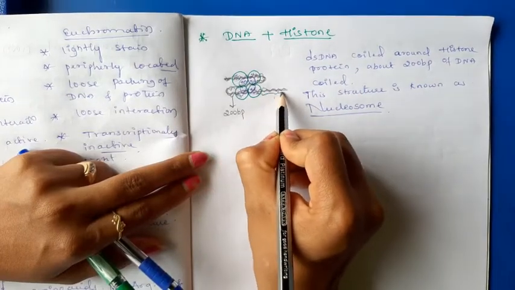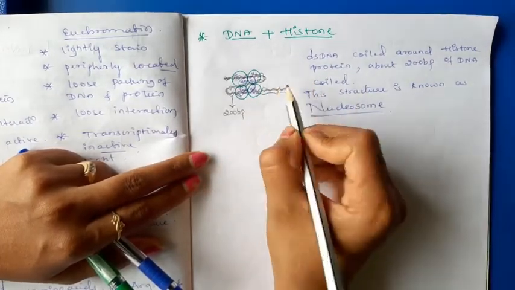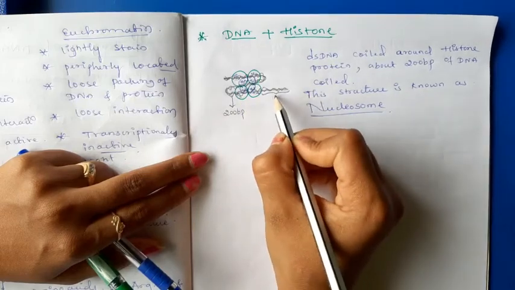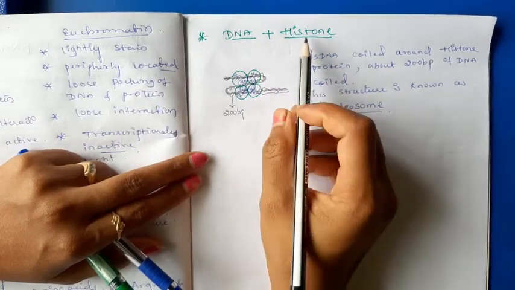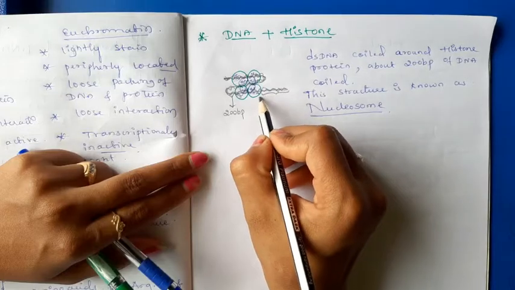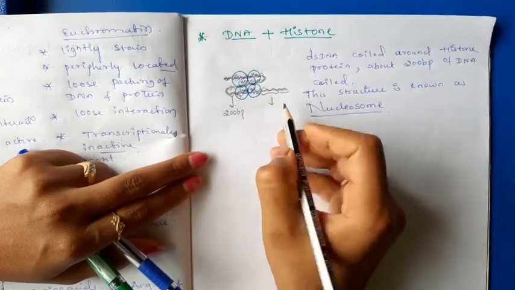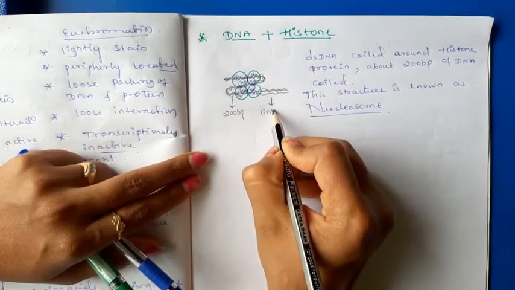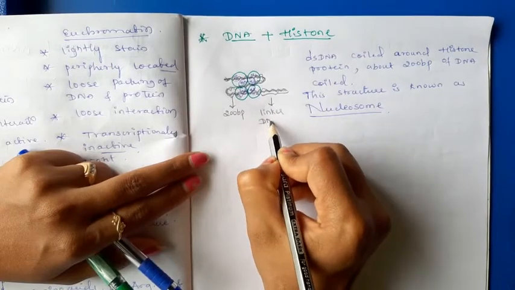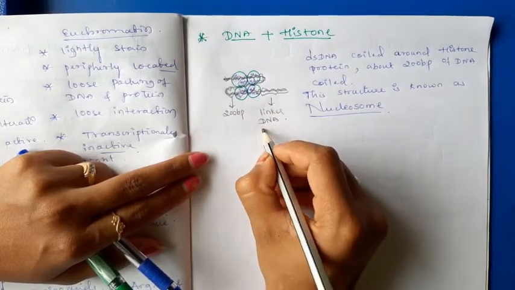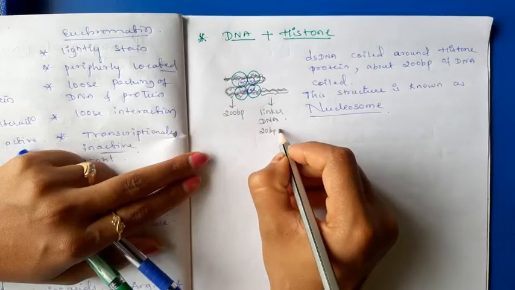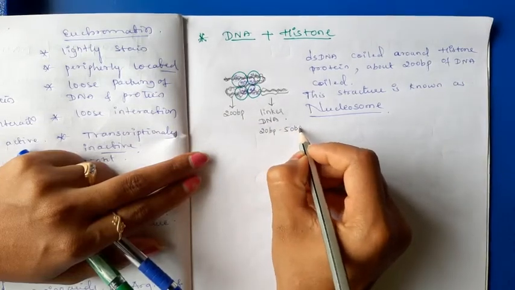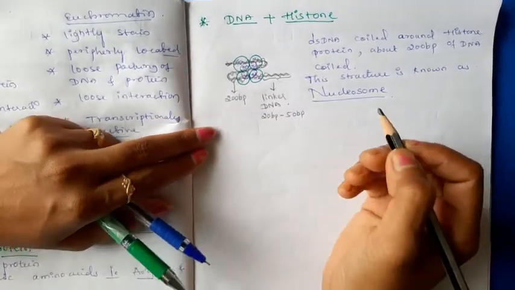Another DNA which is not coiled around the histone protein, it is free. This DNA is known as linker DNA. About 20 base pairs to 50 base pairs of linker DNA is free from the histone.